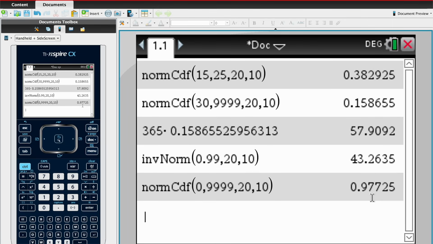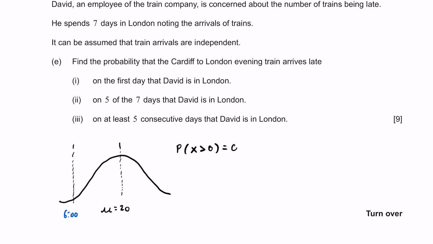So let's go back to the document here, write that out. 0.977. Once again, you can use calculator notation for your process. Norm CDF, and then we can say lower bound, upper bound, mean, standard deviation, and then the answer once again. Okay, let's go on to part 2.